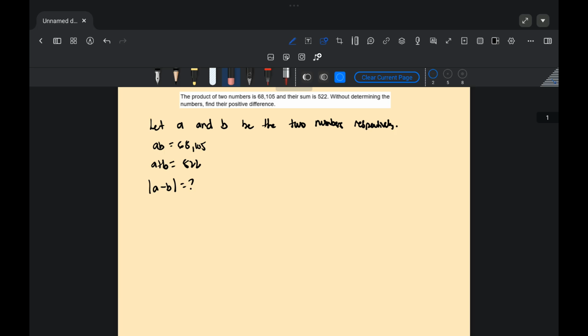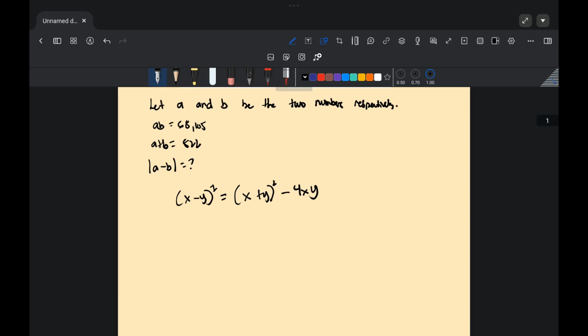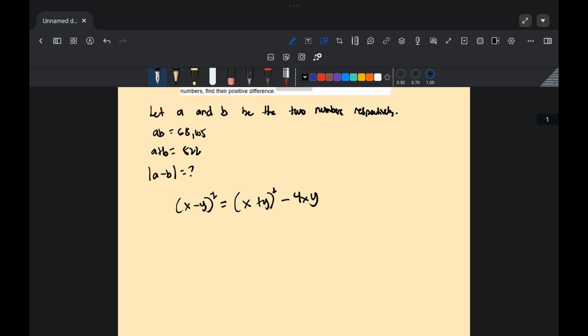So for the second method, this is when you know the identity. We know that the square of x minus y is equal to the square of x plus y minus 4xy. This method will help us answer this problem really quickly.